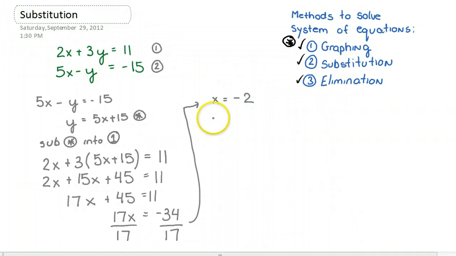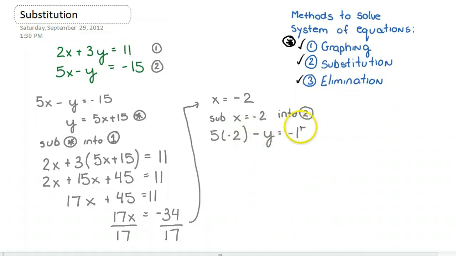So therefore, if x is equal to minus 2, we sub x equals minus 2 into any of the original equations. So let's sub x equals minus 2 into equation 2. So we're going to get 5 times minus 2 minus y equals minus 15.